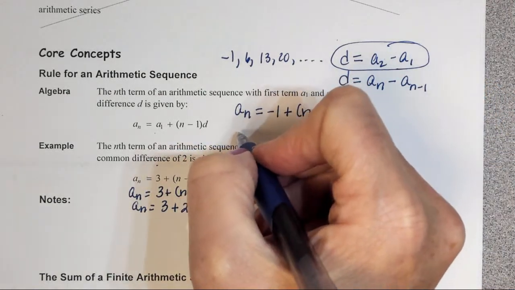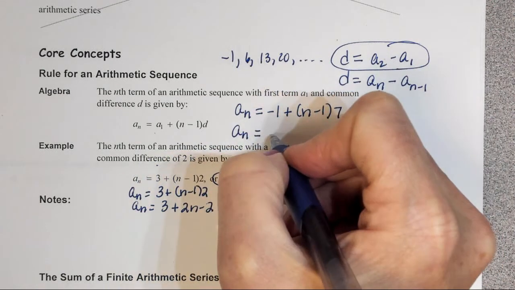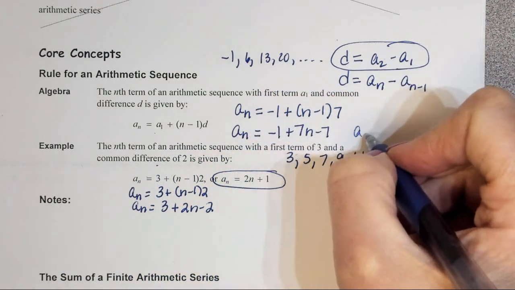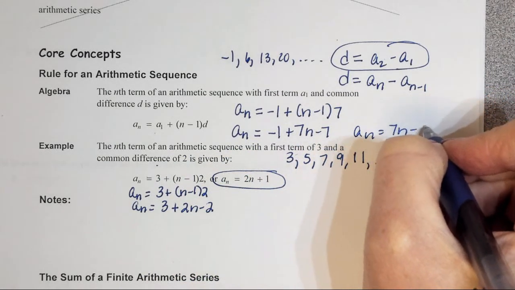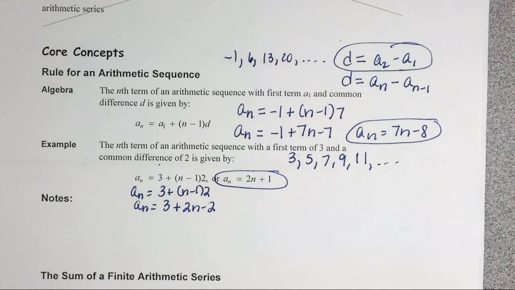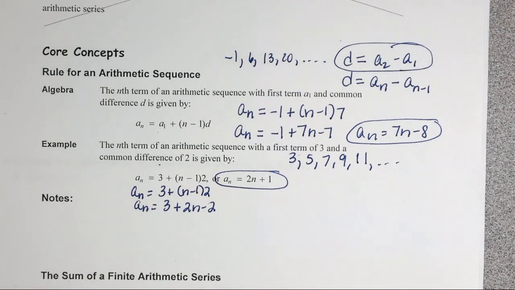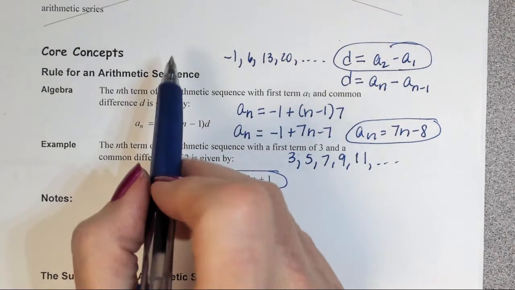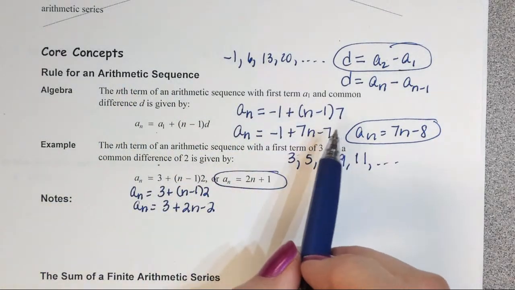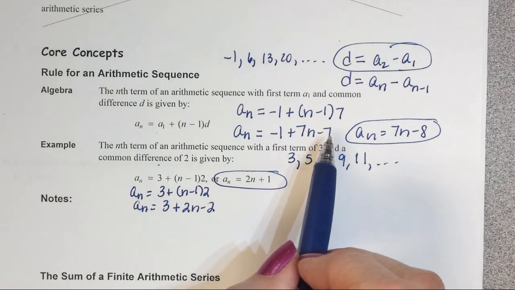So now to figure this out, it's going to be a sub n equals -1 plus 7n minus 7, which is a sub n equals 7n minus 8. Isn't that the same answer we got earlier when we did it without using that method? So this is just a formula that we can use to help us come up with that rule, or that general term is another name for it.